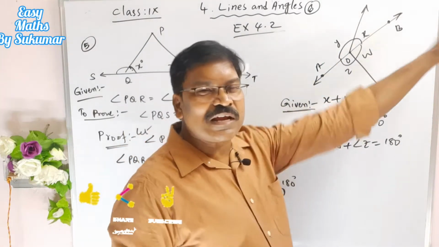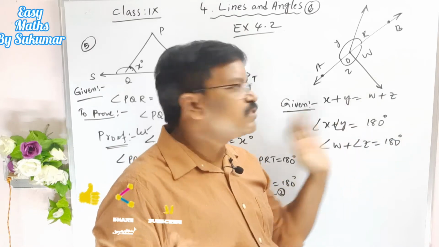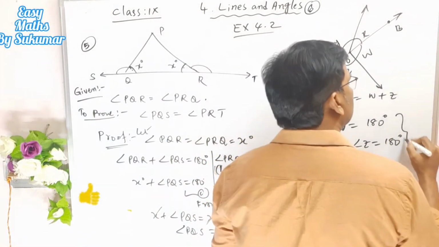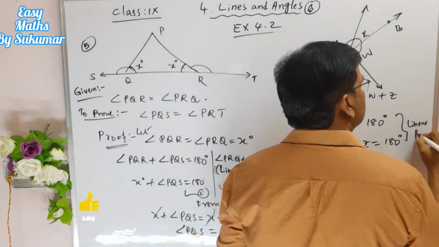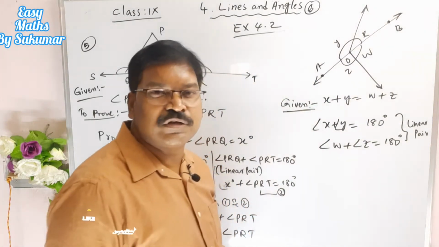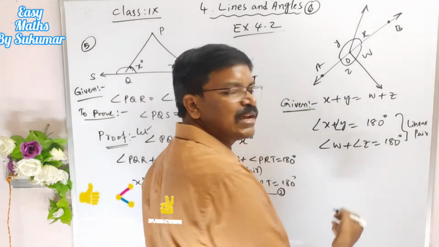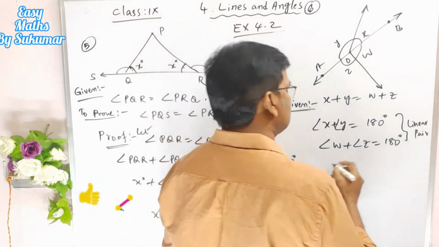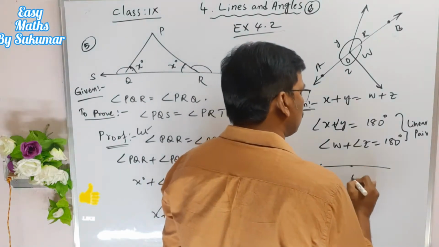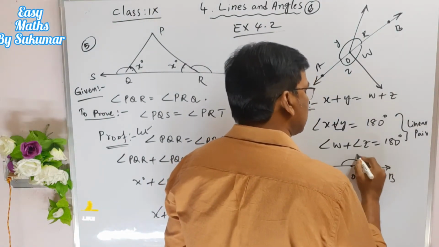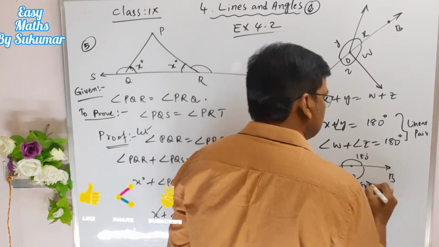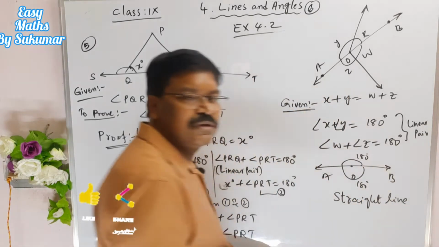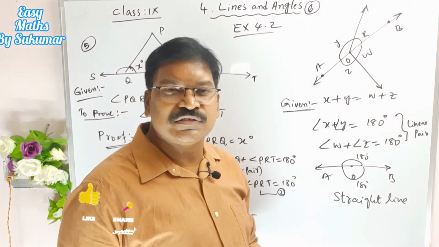Why? Both represent a straight line. X plus y is 180 degrees, and z plus w is also 180 degrees. Why? They are linear pair. Therefore, angle x plus angle y is 180 degrees, and angle w plus angle z is 180 degrees, so this straight line AOB is a straight angle. 180 degrees means straight angle.